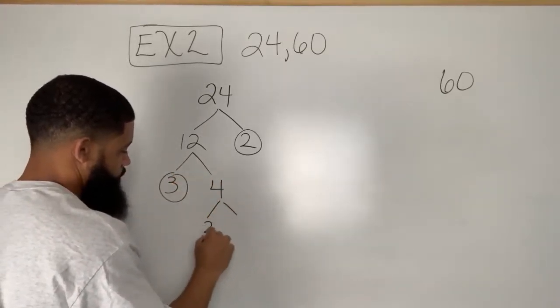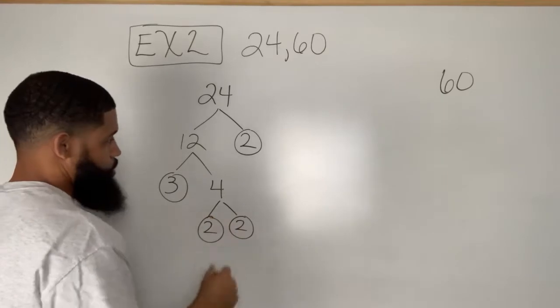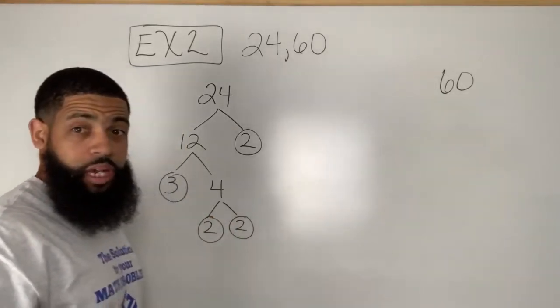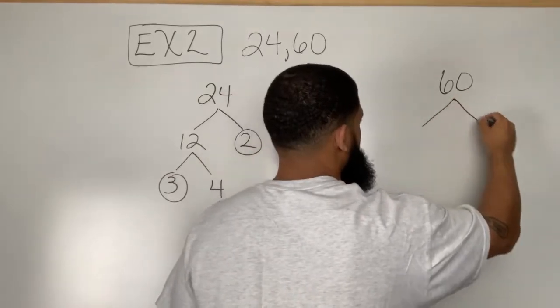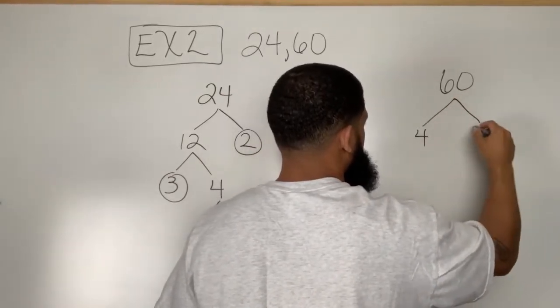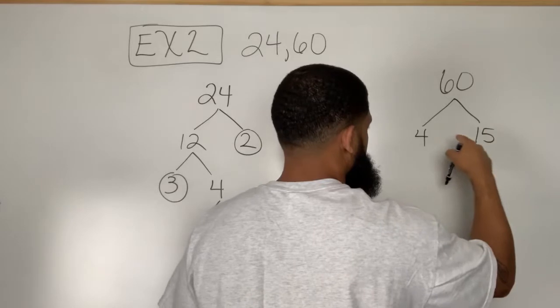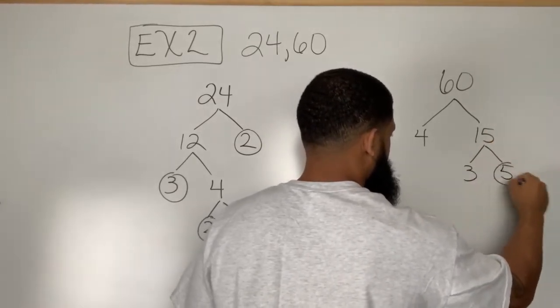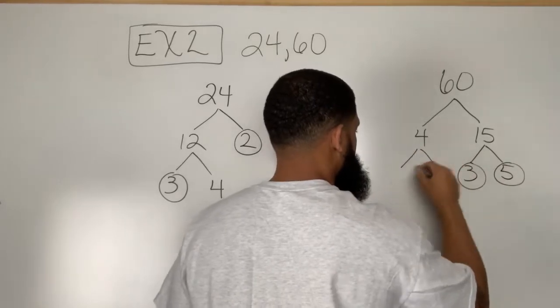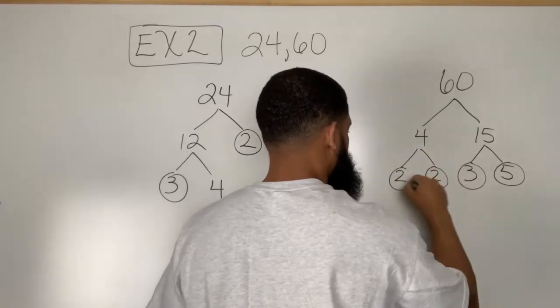Let's break the 4 down to 2 times 2. Now we have the prime factorization for 24. Here, let's do 4 times 15, which gives me 3 times 5 there, and then 2 times 2 here.